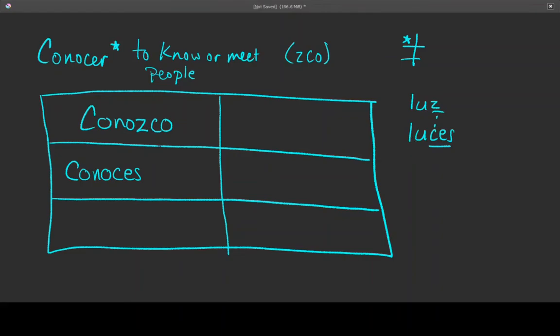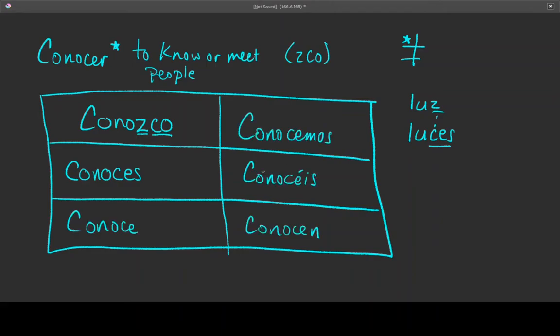And so what's going on here is, to retain the soft consonant sound, we have inserted a Z into our infinitive right here, just to keep that S before we put the CO at the end of it. So conozco. And that is what our ZCO cousin verbs are going to do.